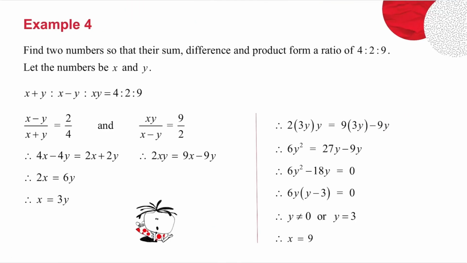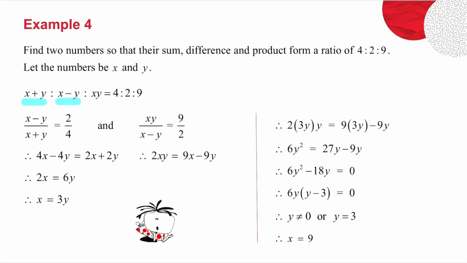I'm going to let the numbers be x and y. So the sum is x plus y. The difference is x minus y. The product is x times y. And they must be in a ratio of 4 to 2 to 9. So what I now do is I take these.